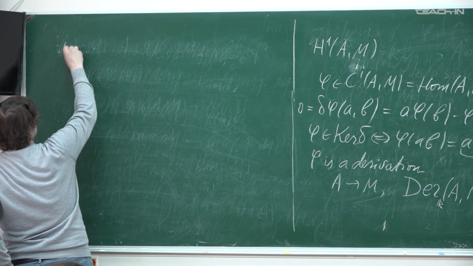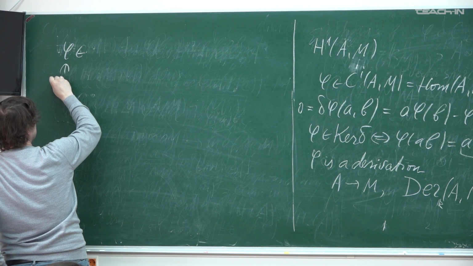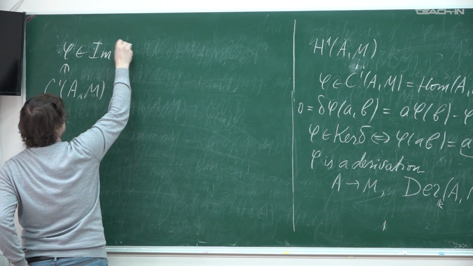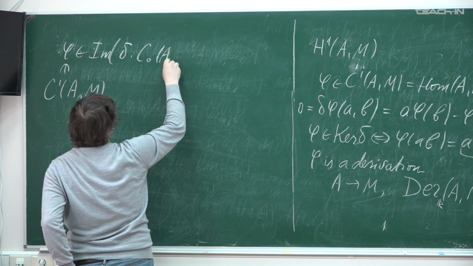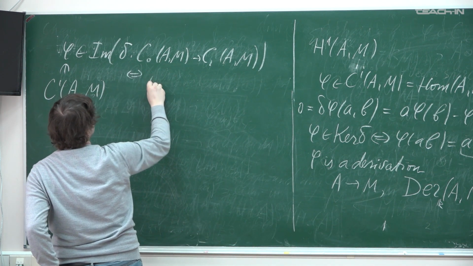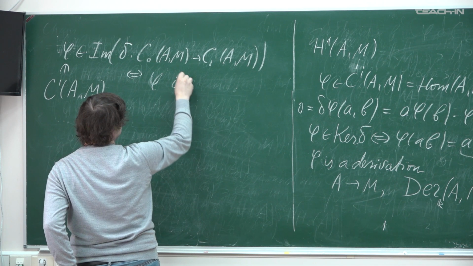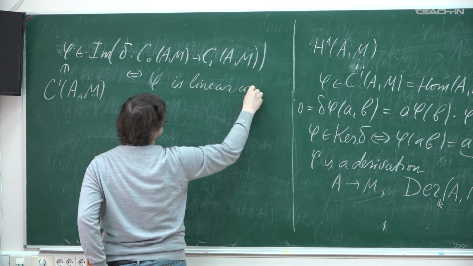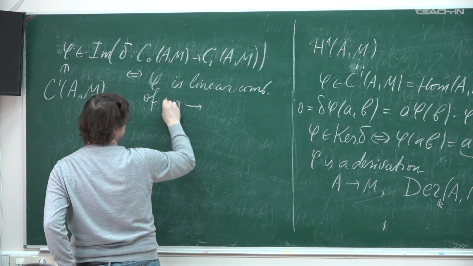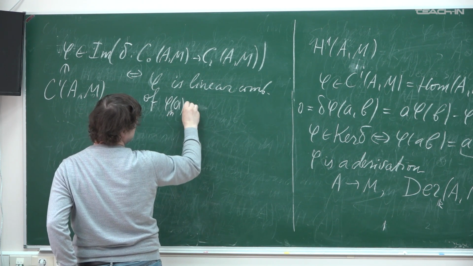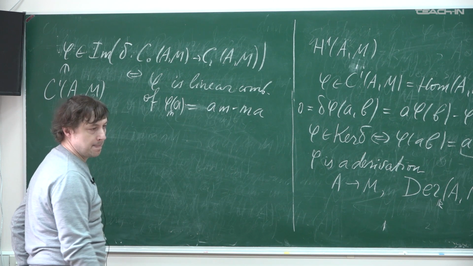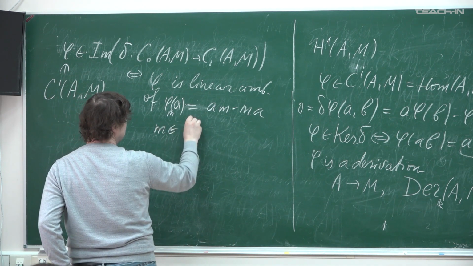As I already explained, phi, which is in C1 of A, M, is in the image of delta from C0(A, M) to C1(A, M) if and only if phi is a linear combination of elements of the form phi sub m of a equal to am minus ma, where m is some element in M.